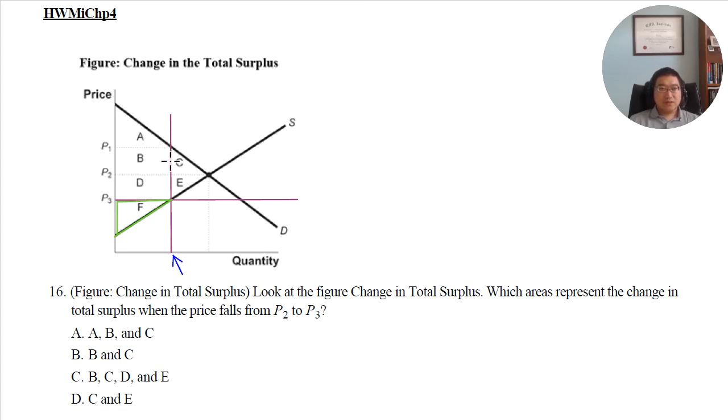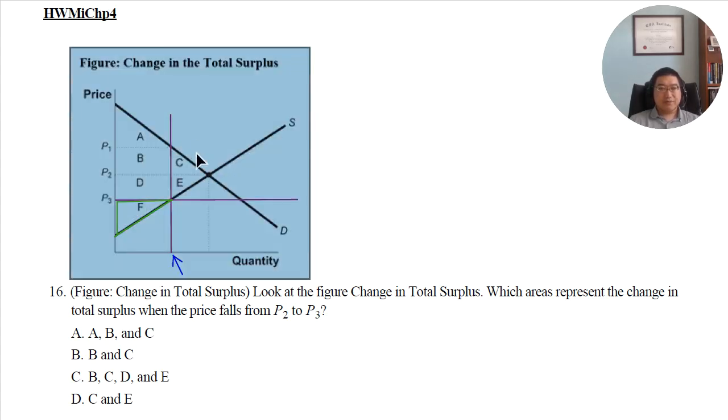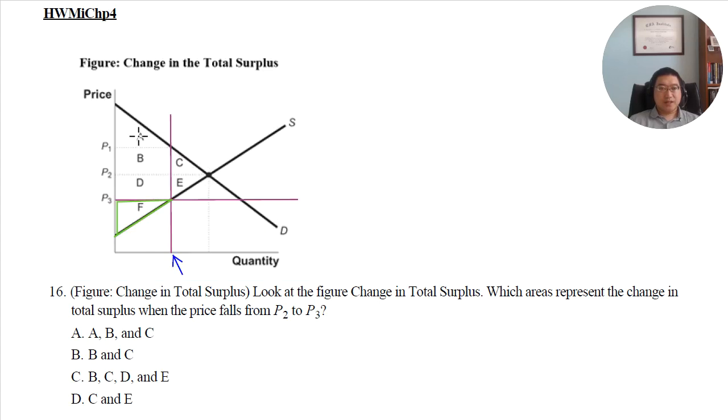But how about the consumers? Obviously, consumers can get A, B, and D, right? Those consumers with a higher willingness to pay will certainly be able to enjoy this low price. And how about the consumers in this area? Maybe they have less willingness to pay than these consumers, and what they can do is what we call retail arbitrage.